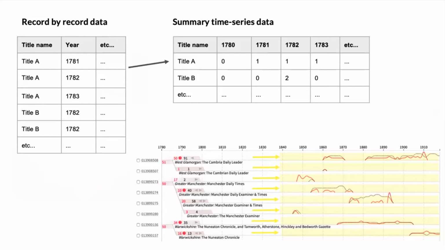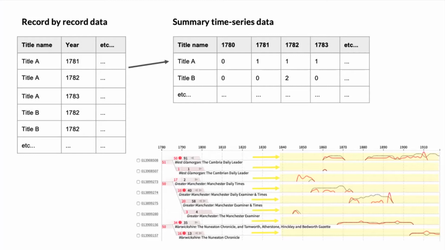And so the problem is that the data that we started with here was record by record data, and that's very, very common in cultural heritage data. You'll get a new row for every record, where for these line graphs, the horizontal axis is years, and the vertical axis is count of records per year. So it's not record by record. We actually need a summary count for every given year.